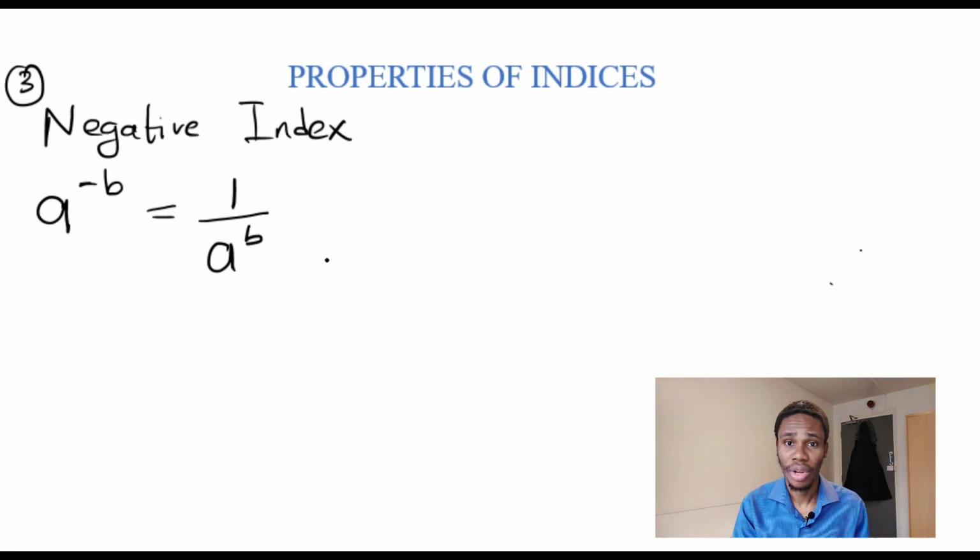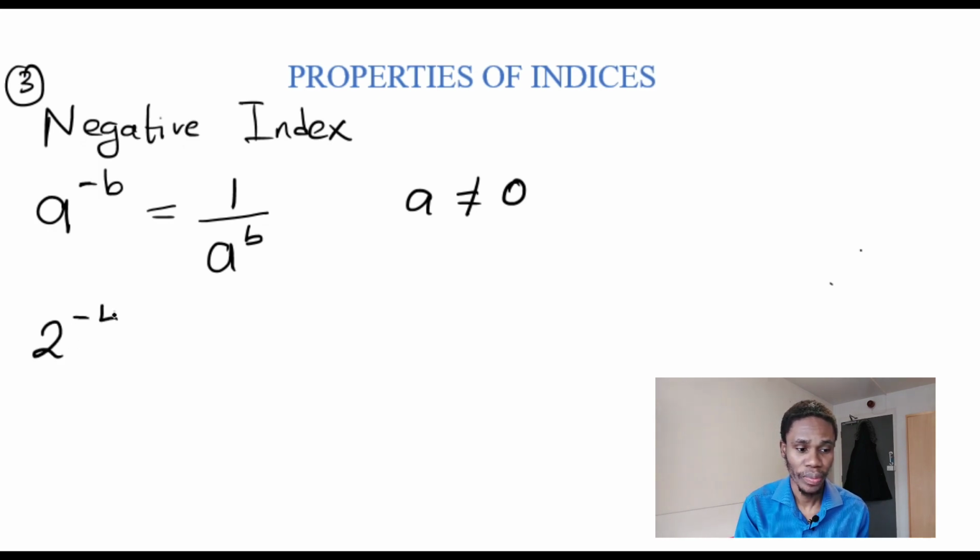Now mind you, it's based on the condition that a is not equal to 0. That is when this applies. Let's take an example. Our example here is 2 exponent minus 4.